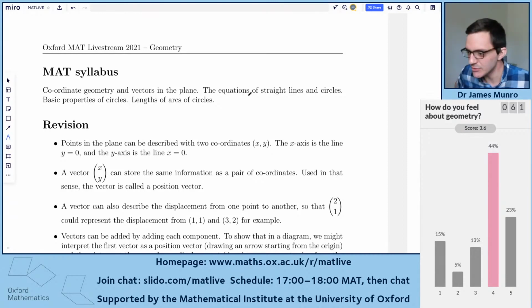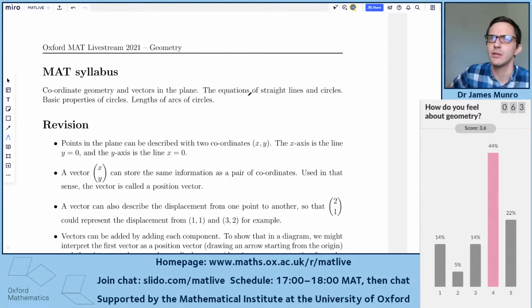Right. Geometry is a weird topic. Today we're doing mostly coordinate geometry rather than Euclidean geometry. There's a question behind the poll for people watching live. People learn lots of Euclidean geometry in school. I guess we know some of it in the basic properties of circles.